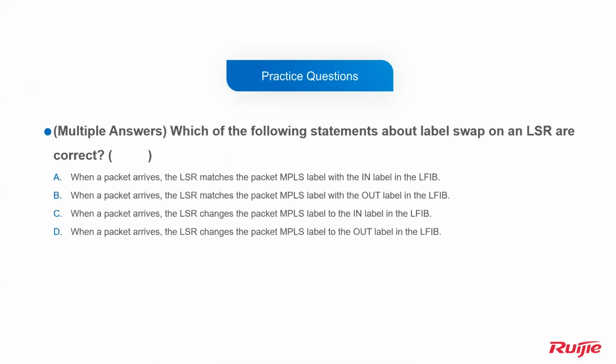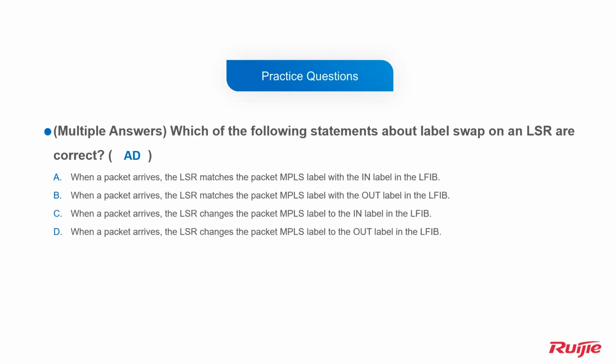And another one, for the label swap. Which of the following statements about the label swap on the LSR are correct? The answer is option A and option D. Once the packet arrives, the LSR will match the packet's MPLS label with the in label, right? So this is correct.